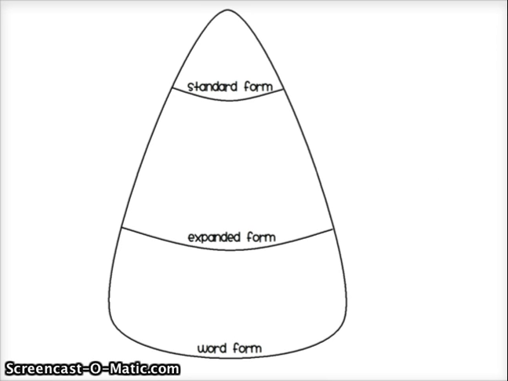The next thing we're going to review real quick is the different ways that we can write numbers. When I've talked about standard form, those are your plain old regular numbers that we see every day with math. So my example is 205. 205 is 2, 0, and 5. Expanded form is when we stretch it out and we really understand what each of those numbers mean.